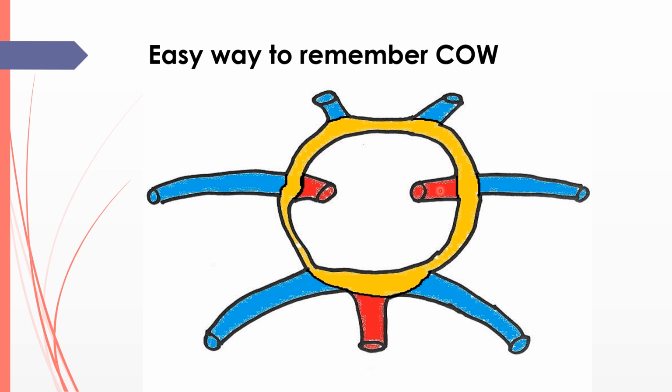This is the internal carotid artery, and then the two anterior cerebral arteries, the middle cerebral artery, and the posterior cerebral artery. The blood comes from the red ones, the internal carotid artery and the basilar artery, and the blue ones go to the brain: anterior, middle and posterior cerebral arteries.